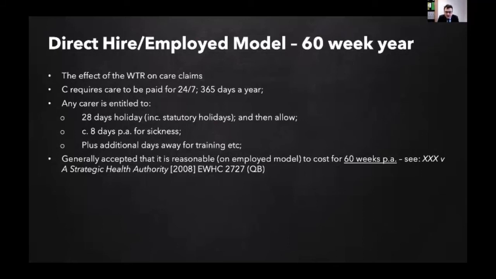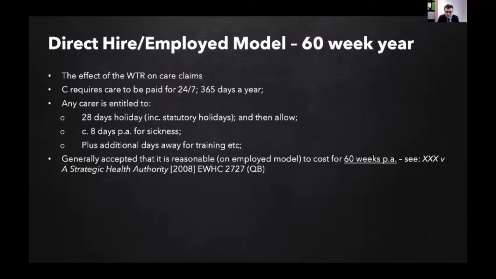The individual carer may fall ill on occasions. They will require to go on holiday. They will on occasions need training. And all of that time off needs to be covered effectively by time from another carer.